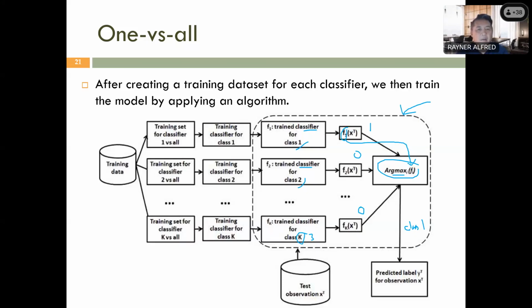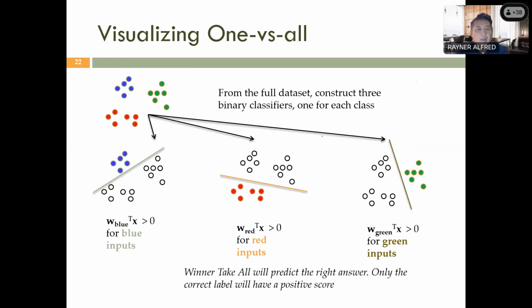Okay, but there is a problem here. When you try to perform this, we are still trying to visualize the line here. So this is for the blue one, this is for the red one, and this is for the green one. So this is no problem. We will have 3 models to perform classification for 3 classes. But we will have a problem when we have this.